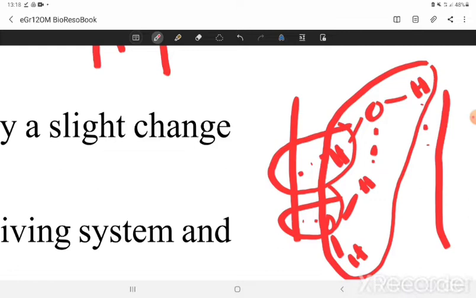These attractions also help water go up along the xylem as a continuous column of water. It just touches the xylem vessel walls.